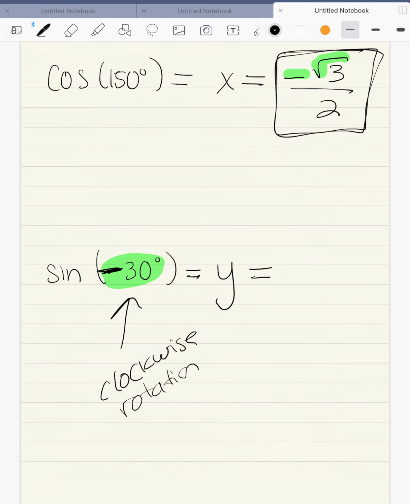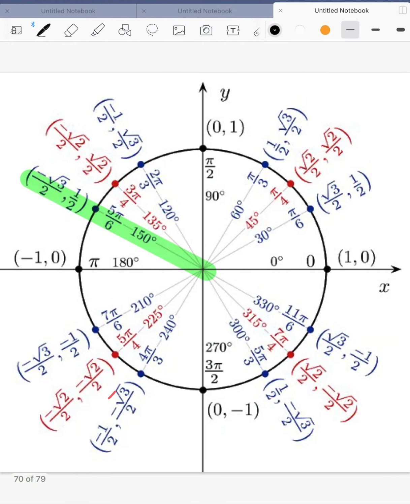So I'll go to my unit circle. Instead of going counterclockwise to 30, I am going negative 30 degrees. Negative 30 degrees is right here. I am going 30 degrees, but in the negative direction.